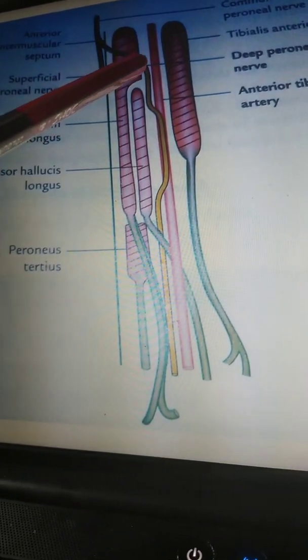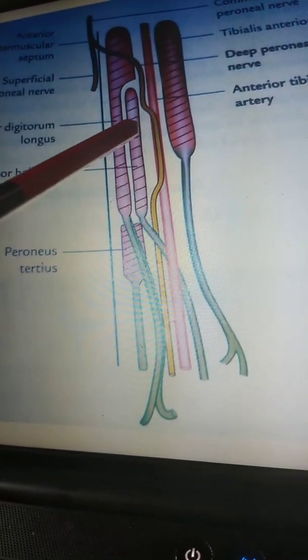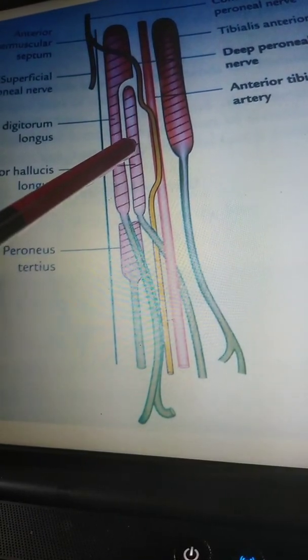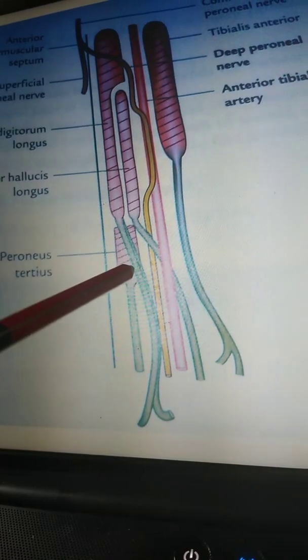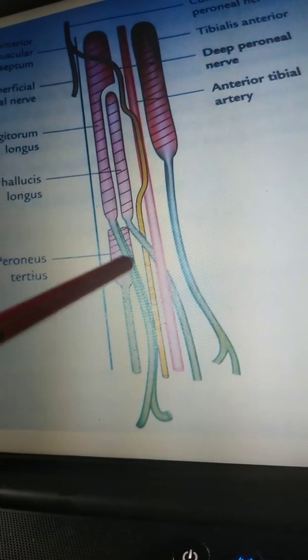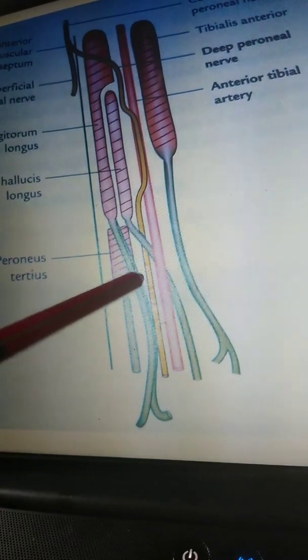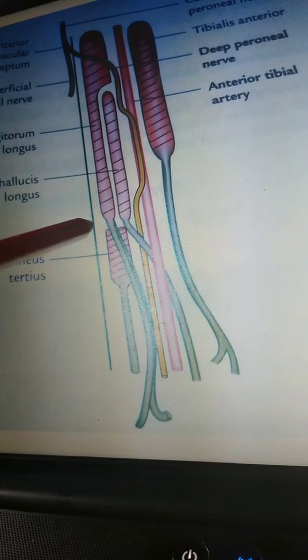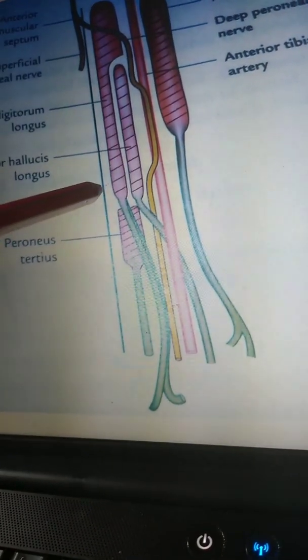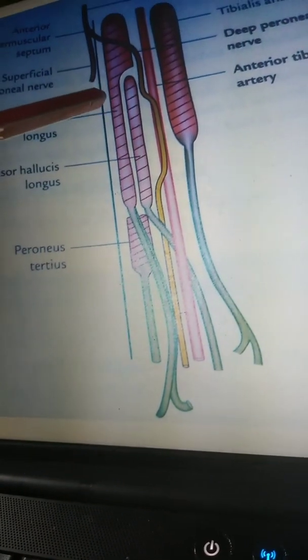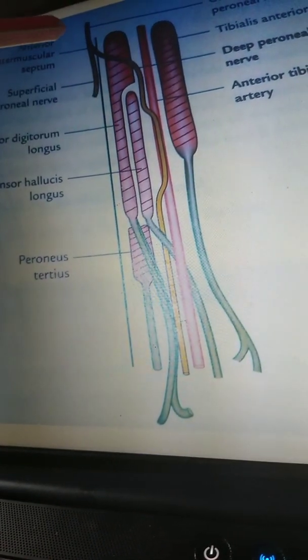In the middle 1/3 of the leg, it lies between the tibialis anterior and extensor hallucis longus, and in the lower 1/3 it lies between the extensor hallucis longus and the extensor digitorum longus. It is crossed from the lateral to the medial side by the tendon of the extensor hallucis longus.